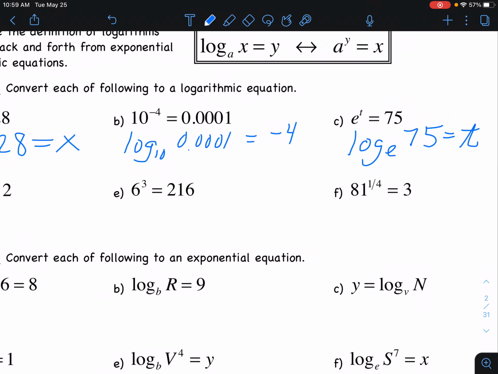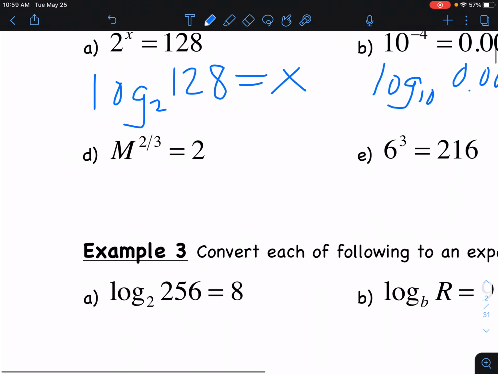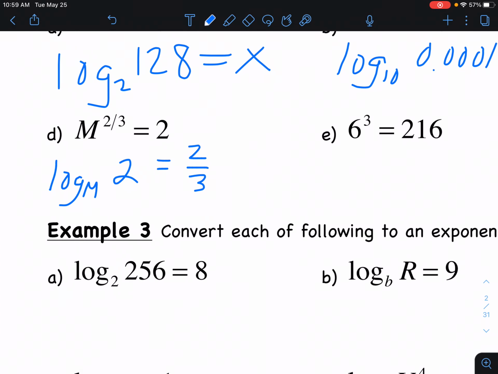Maybe not today, maybe another day. All right, letter D. So log base M of 2 equals 2/3. Pause and try letter E on your own.